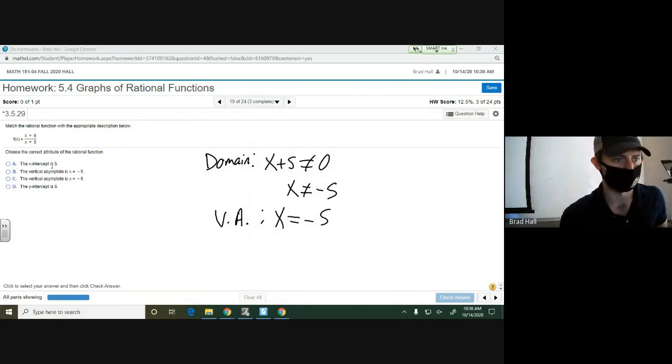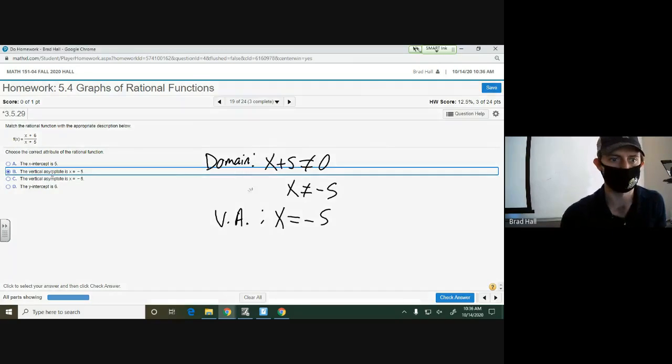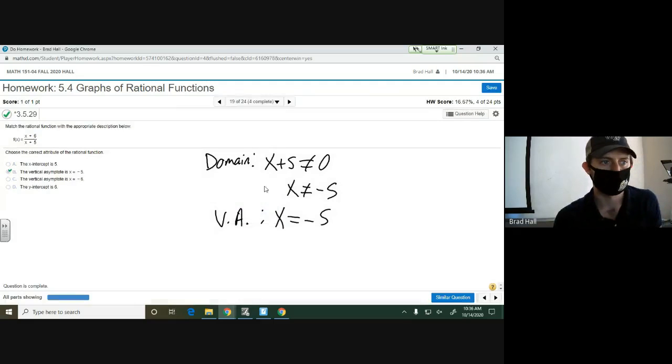So we already have that the vertical asymptote is there. If you tried to figure out the x-intercept, it is -6 in this problem, so that's not correct here. The y-intercept, when you try to figure it out, you'll find it's 6/5, and we figured out the vertical asymptote is -5.